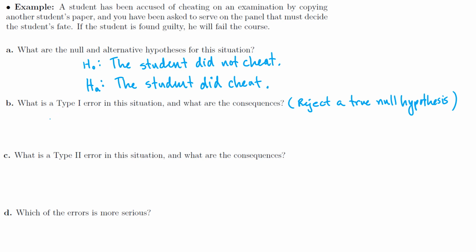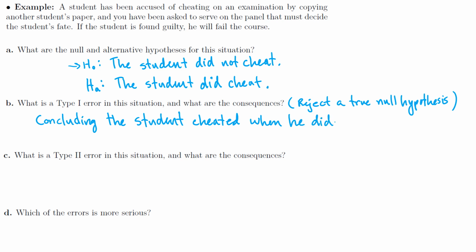You would be rejecting the hypothesis of innocence, concluding the student cheated. But the fact that it's an error means the null hypothesis was actually true, so the student did not cheat. Which would of course be a very bad thing: concluding the student cheated when in fact he did not.